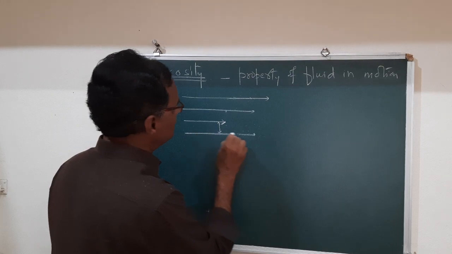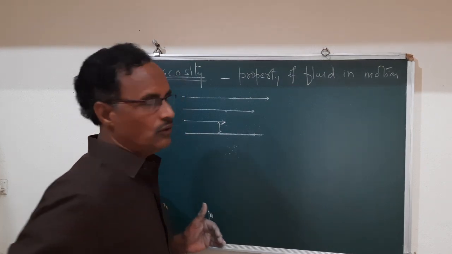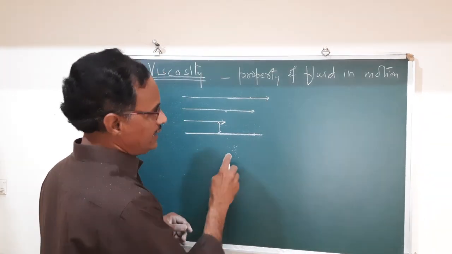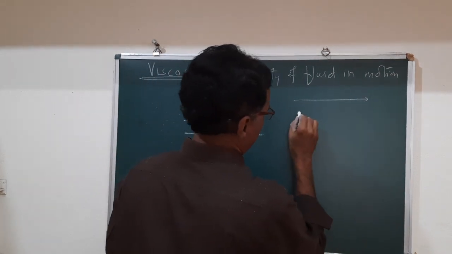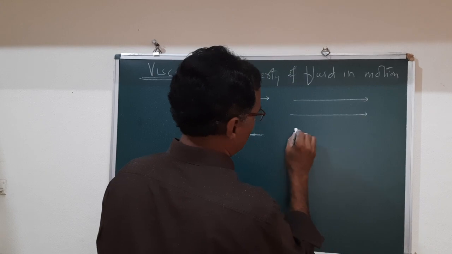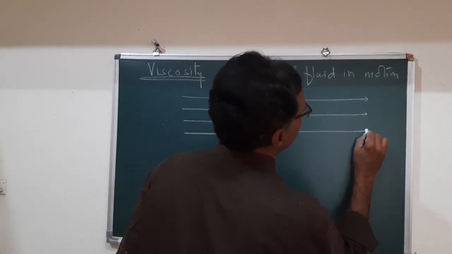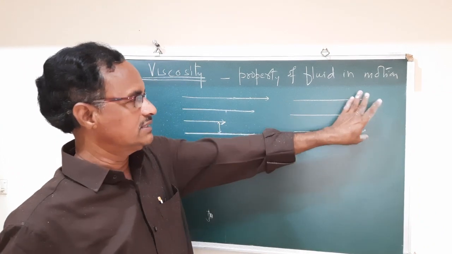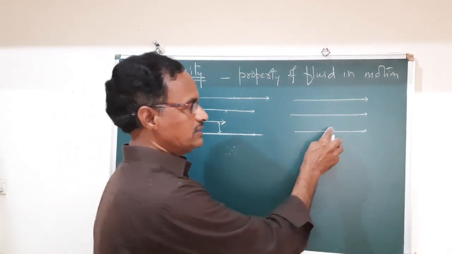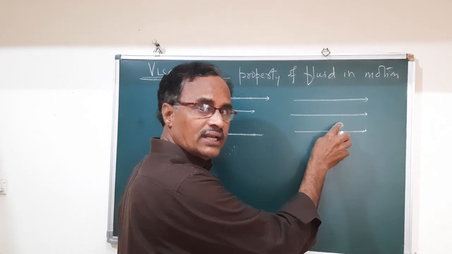This is for the viscous fluids. If the viscous force is very small or negligible, then there is no change in the layers. The layers continue at the same level, the internal friction is zero, and therefore there is no dragging force.